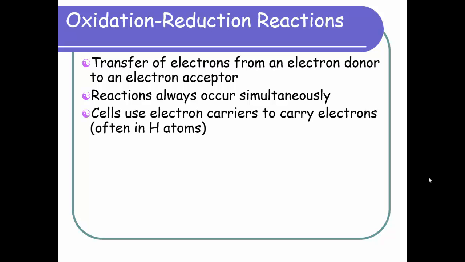Cells use electron carriers to carry electrons, most often in the form of hydrogen atoms. Remember, hydrogens only have normally one electron. So, we can simply give up the hydrogen atom and we give up the single electron.